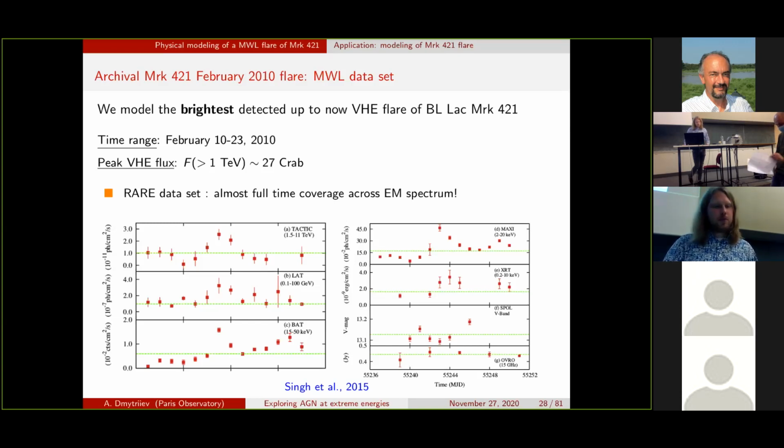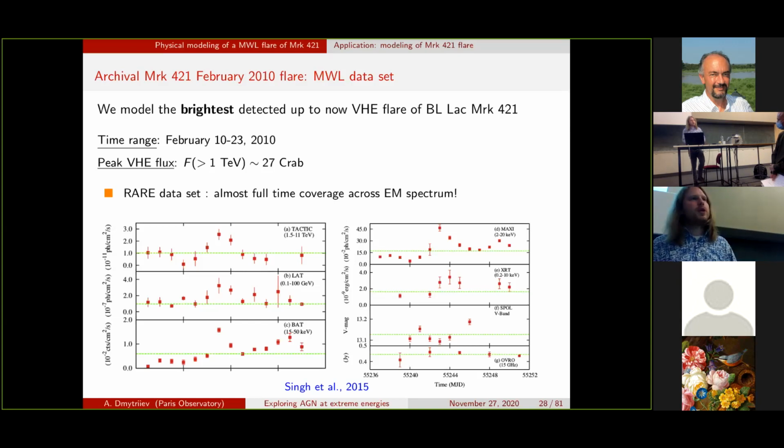People propose various mechanisms for flares, and the idea is to try all this variety and find what works and what doesn't. Then with more observational constraints, hopefully in the future with CTA as well, some models will be ruled out, there will be new models, sure, and the constraints will tighten so we can better understand the nature of the flares.